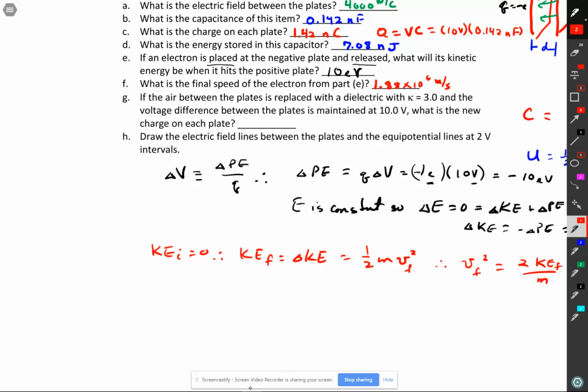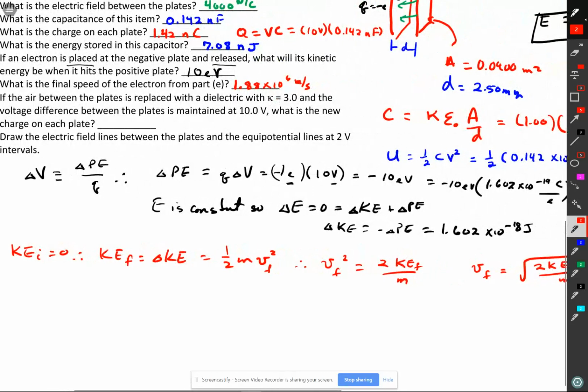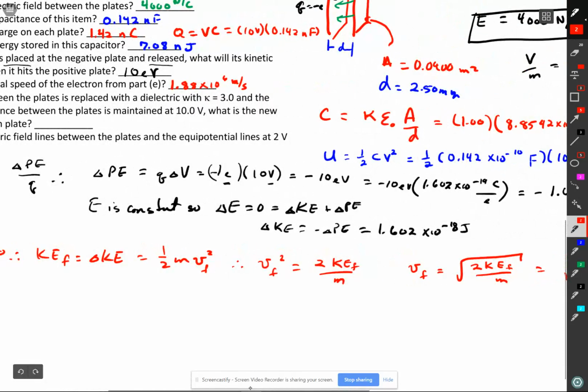Okay, moving on. If the air between the plates is replaced with a dielectric with kappa equals 3, and the voltage difference between the plates is maintained at 10 volts, what is the new charge? Now let's go back. Capacitance is kappa times epsilon 0 times A over D. Epsilon 0, the permittivity of free space, basically tells you how easily you can pass charge through free space.